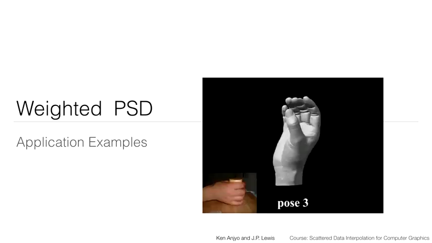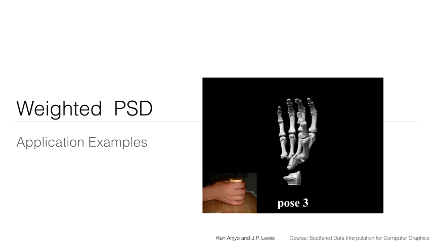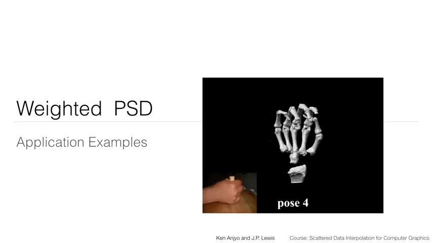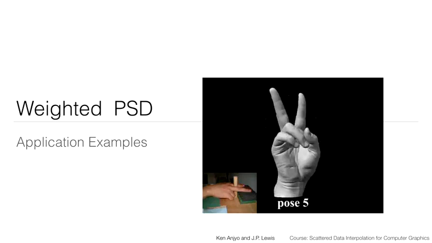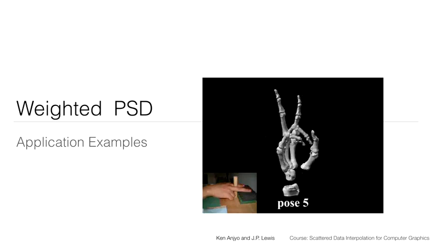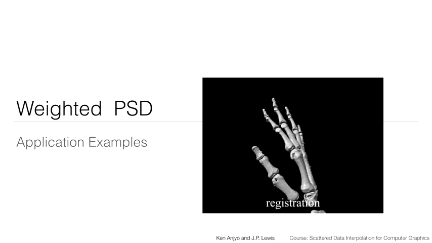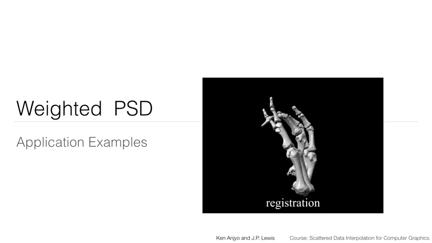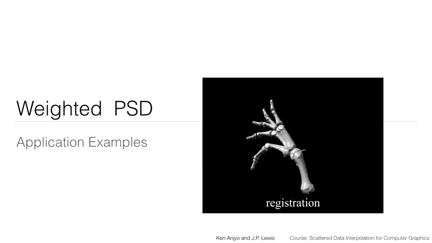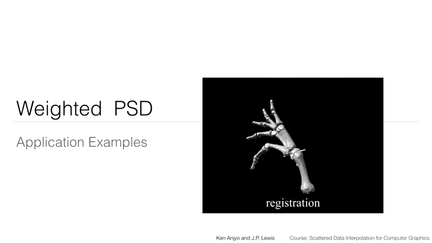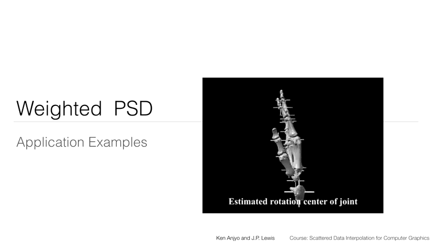So this is also typically a pose space technique. We used several examples. This may be a little different from today's topic, but anyway, we need some kind of registration for bones.